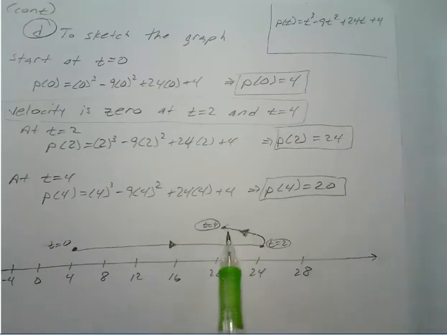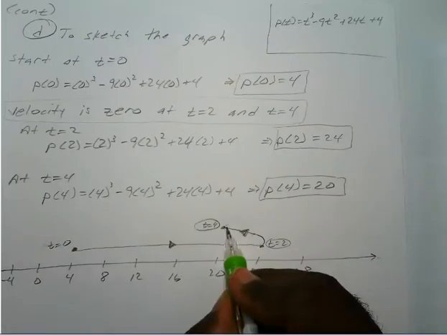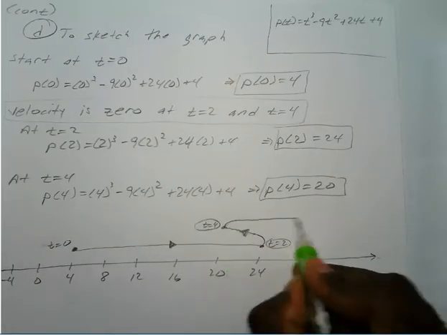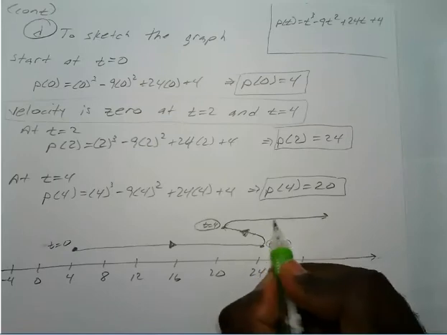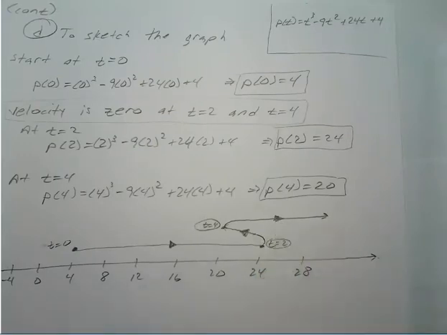From 4 to infinity, it's going left to right. So that particle goes there, then turns around and goes that way from 4 to infinity. This is the sketch of the movement of our particle.